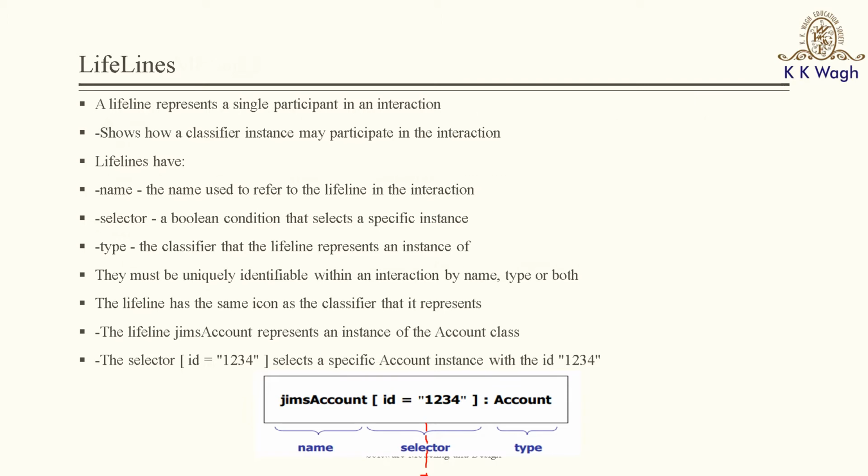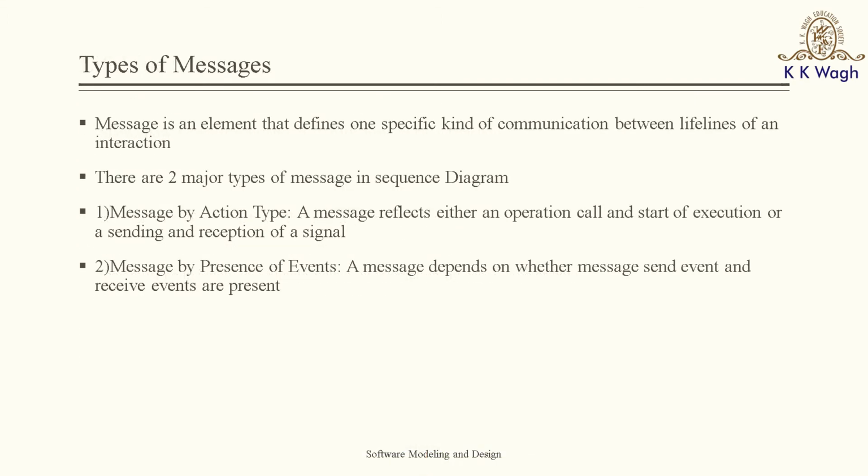Now next, there are types of messages. The first type is the message by action type, and the next is the message by presence of event. The difference between these two is that a message which reflects either an operation call and start of execution, or a sending and reception of a signal, comes under the action type.